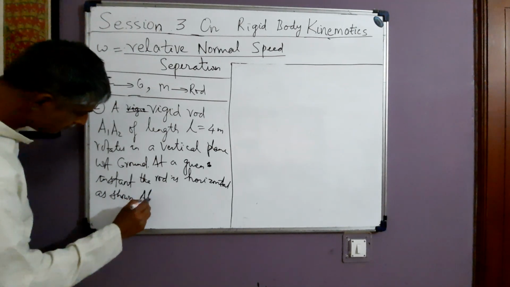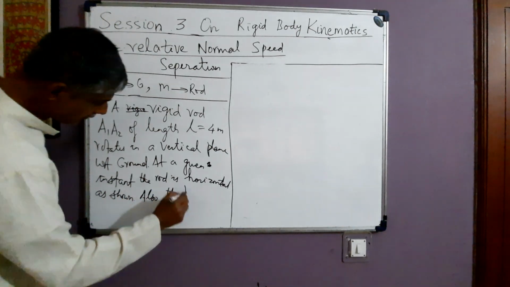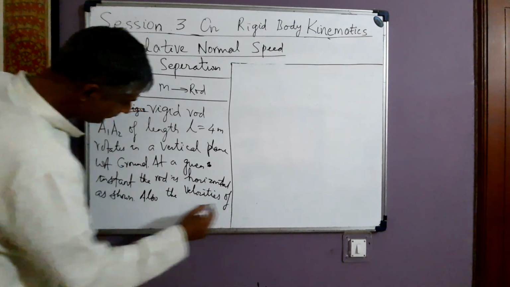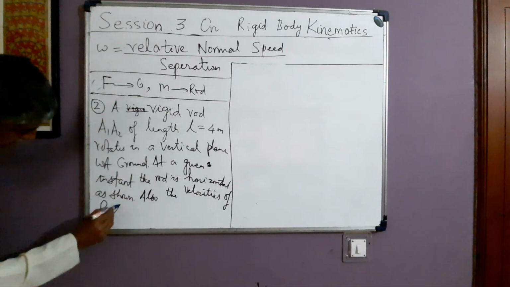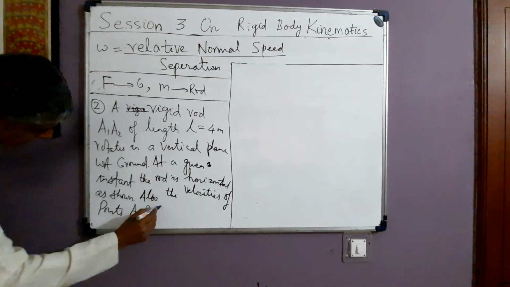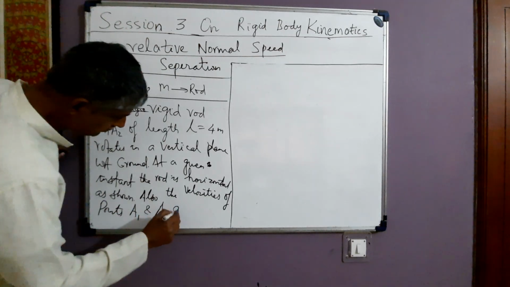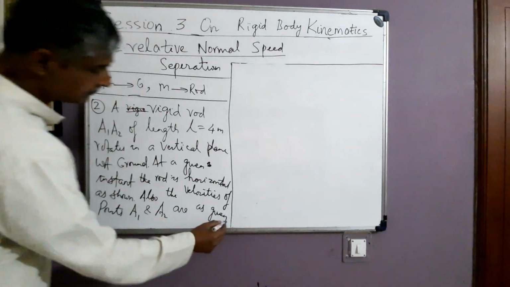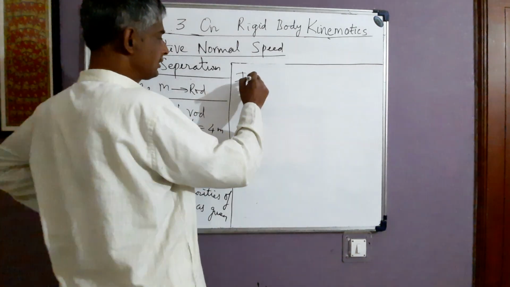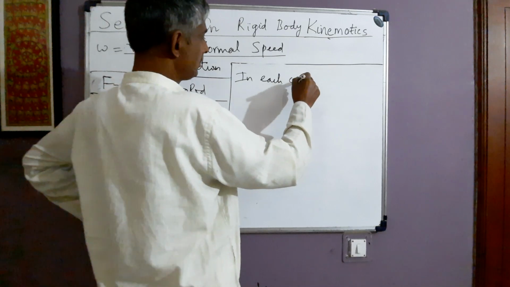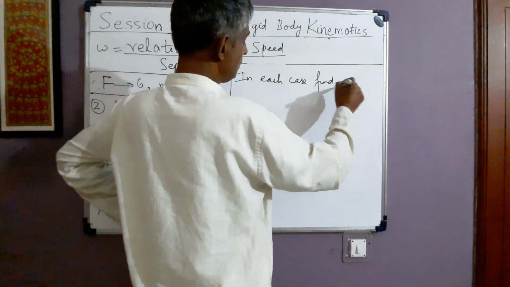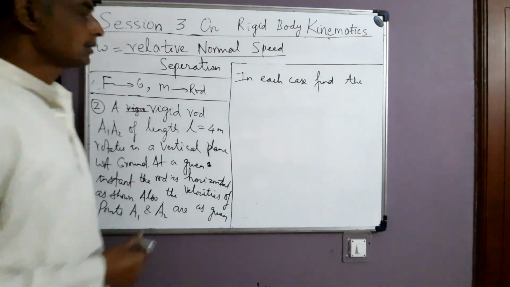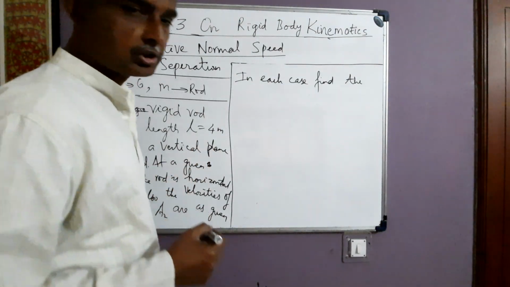Also, the velocities of points A1 and A2 are as given. In each case, find the angular speed and sense of its rotation.